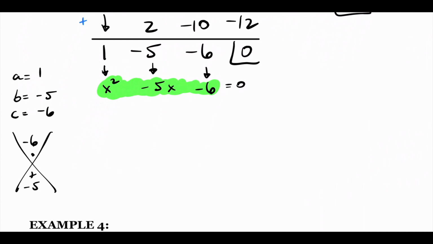Looking for the two numbers that multiply to be negative 6. When I add them together, it's negative 5. Close. That's going to make positive 6. Negative 6 and 1.